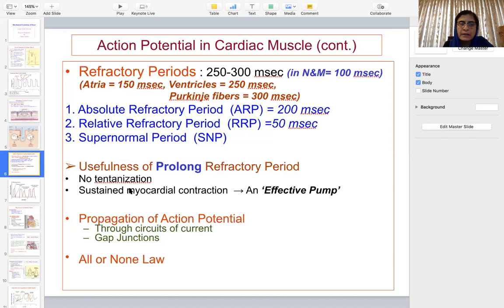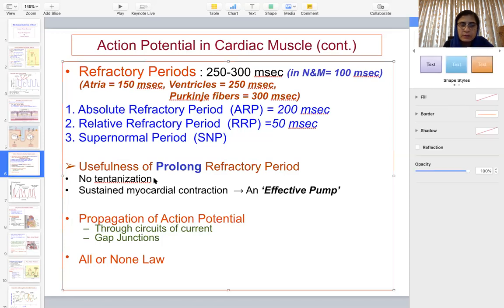But since the cardiac muscle has a very prolonged refractory period, tetanization cannot occur in it. It is a protective measure in the heart, because if, due to any reason such as increased calcium ions, there were chances of tetanization, the heart might stand still. So it is a preventive mechanism.